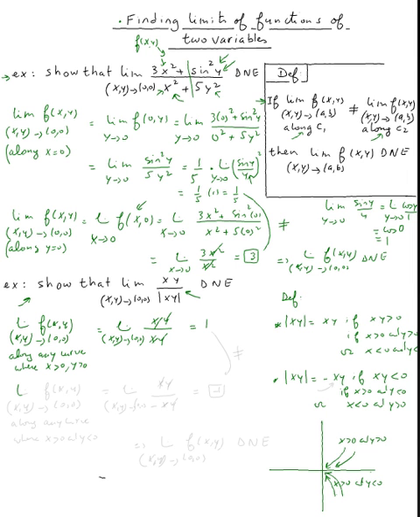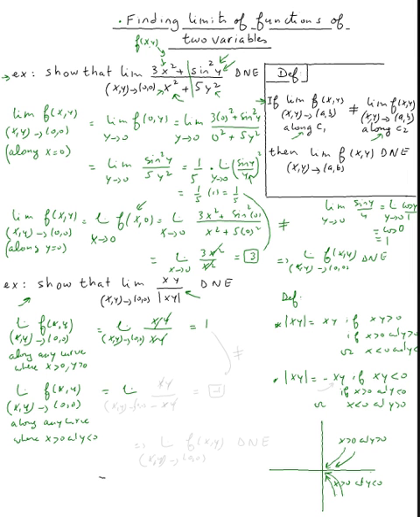Now the limit of f of x,y as x,y approaches 0,0 along any curve where one of the variables is positive and the other is negative. I'll just pick x positive and y negative. Now what happens?